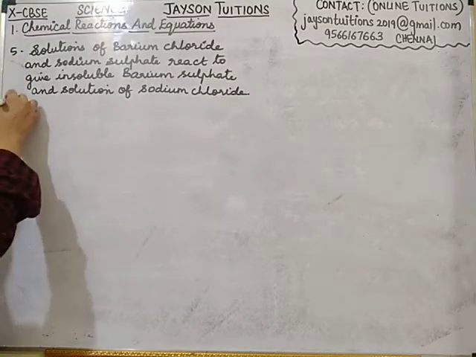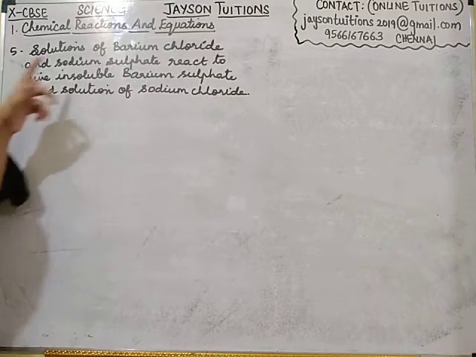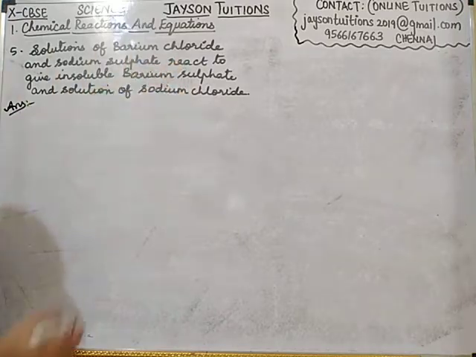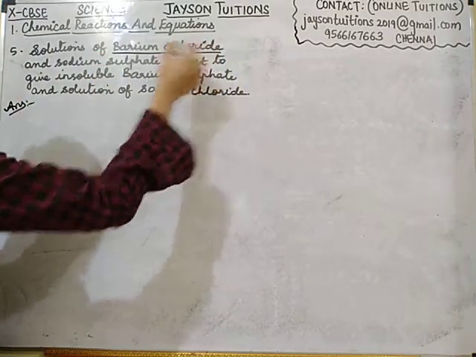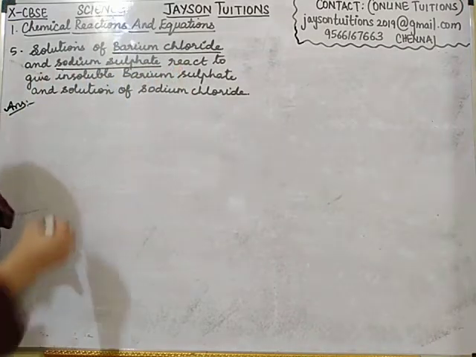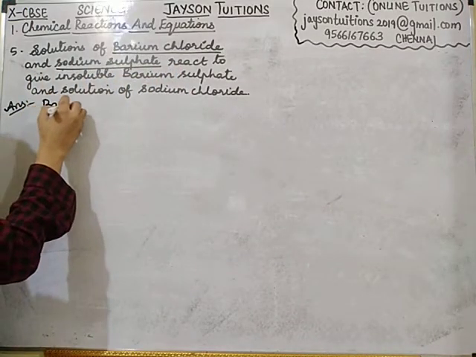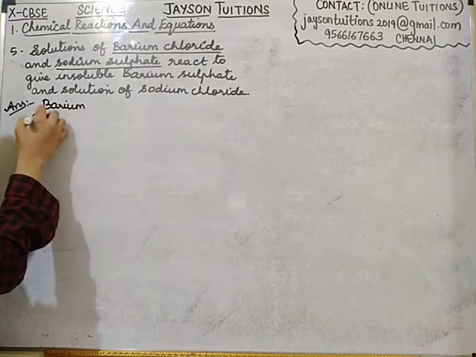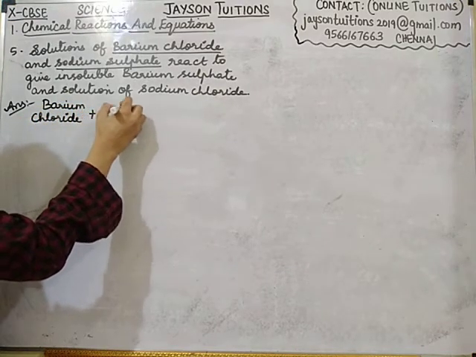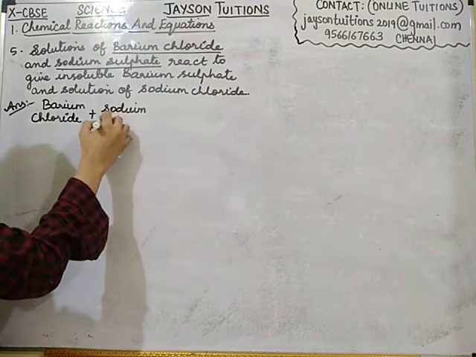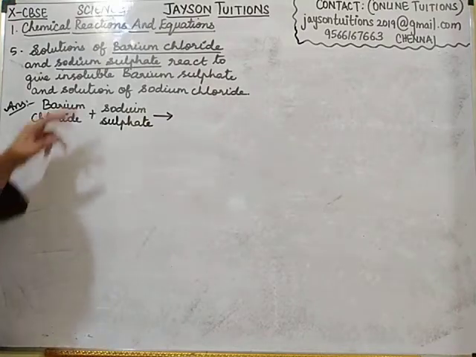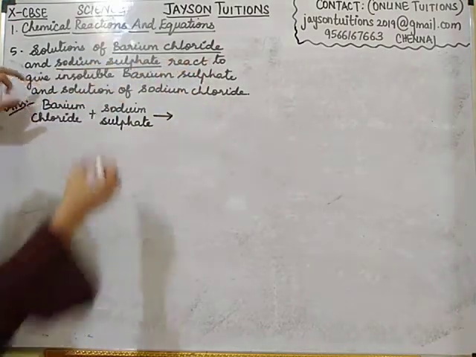Now we will try this one. Solutions of barium chloride and sodium sulfate react. So barium chloride and sodium sulfate are reacting. Okay. So first we will write the word equation. Barium chloride and sodium sulfate are reacting, and to give what?